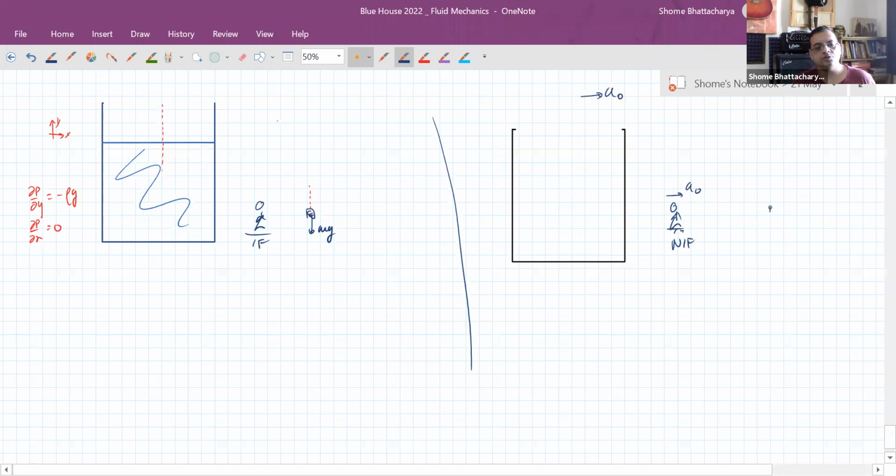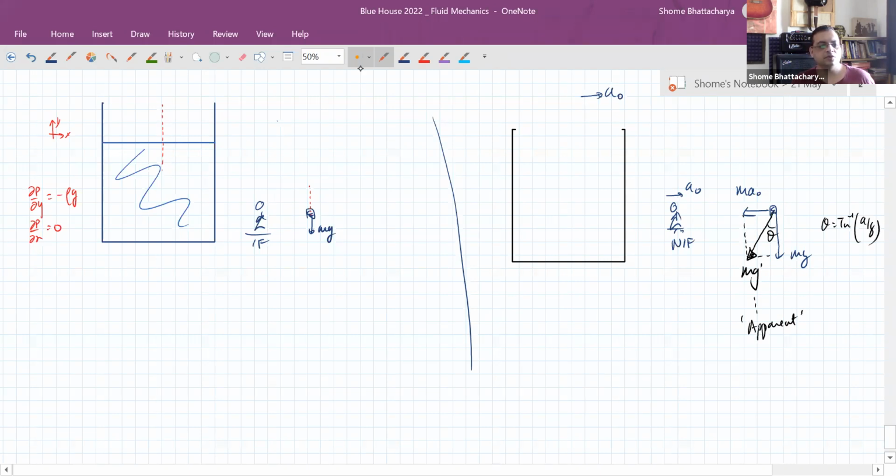Then an object's effective weight becomes like this, because there is a pseudo force. So the effective gravity becomes in this sort of direction. This is like the apparent weight, at an angle theta like this, where theta is tan inverse of a by g.